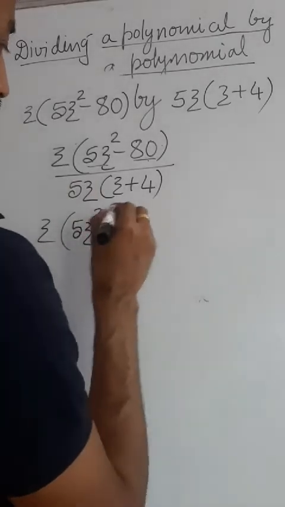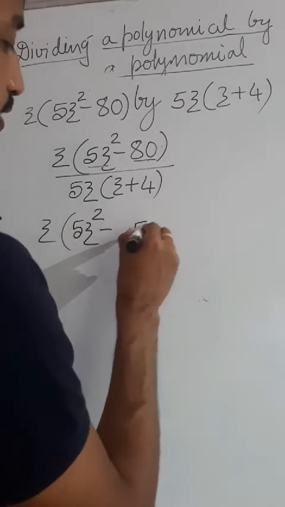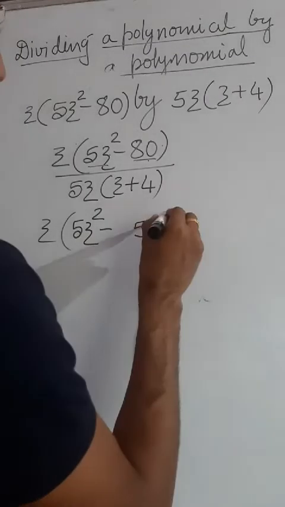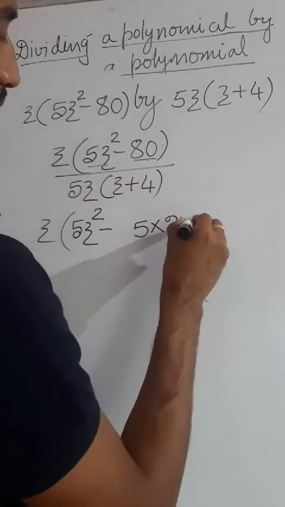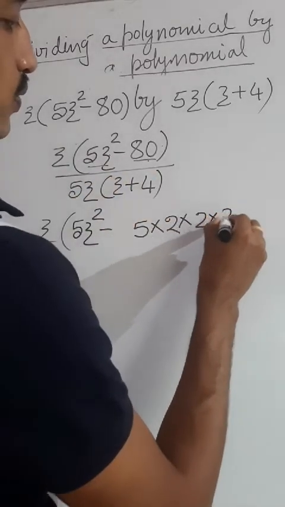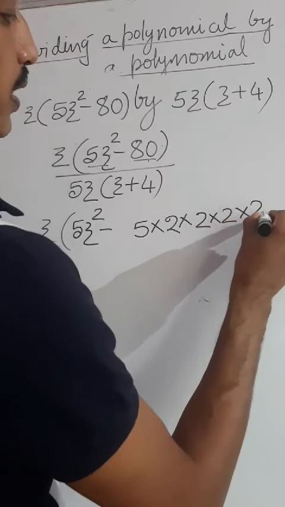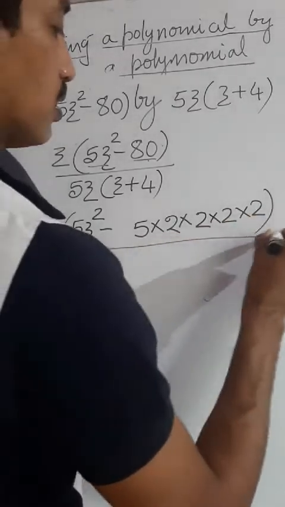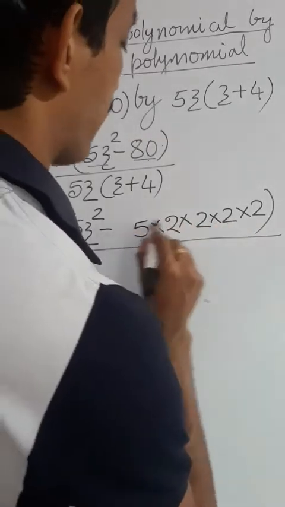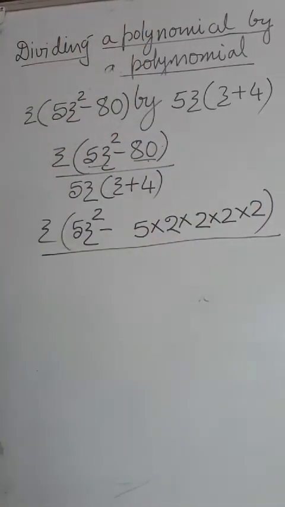How can I write the number? So 5 into 2, 10, into 2, 20, into 2, 40, into 2, 80. So now this 80 is in its simplest form. Further simplification is not possible here.